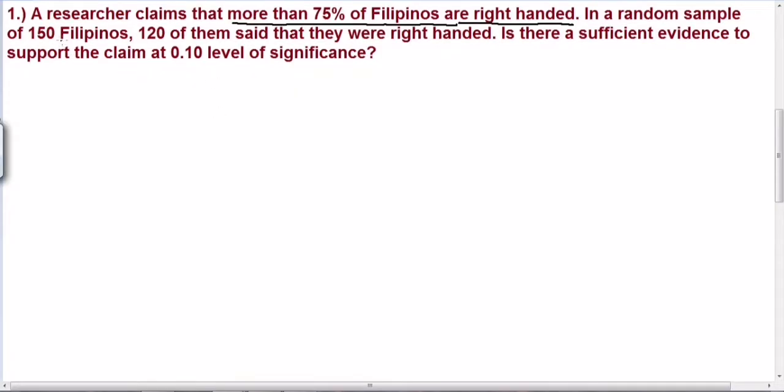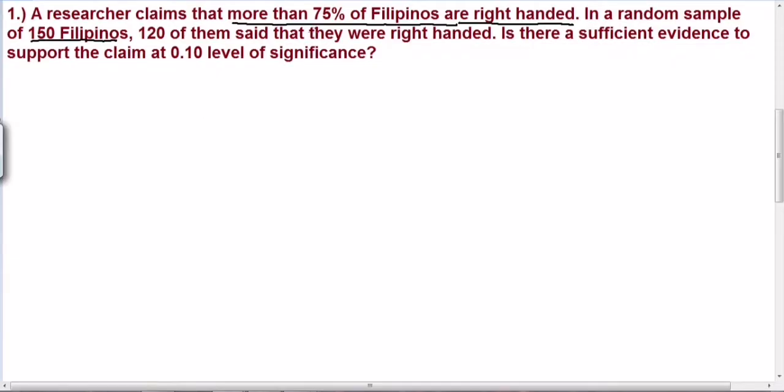Kasi sinabi dito, out of 150 Filipinos sampled, 120 of them said that they were right-handed. Ibig sabihin, 120 out of 150. So, by this fraction, we are creating a proportion. So, pagka ganyan, guys, may proportion na ganyan, you will use the hypothesis testing for proportion, which is also z-test. So, z-test din to, guys.